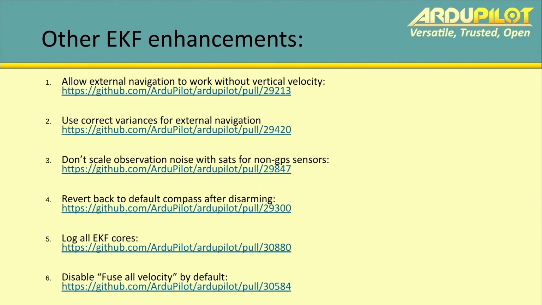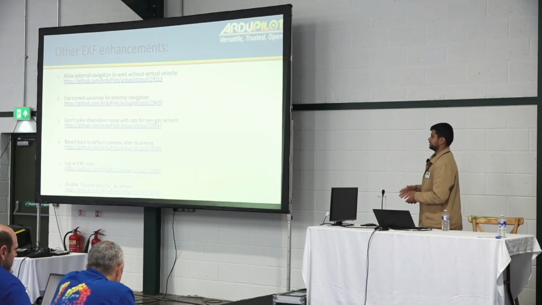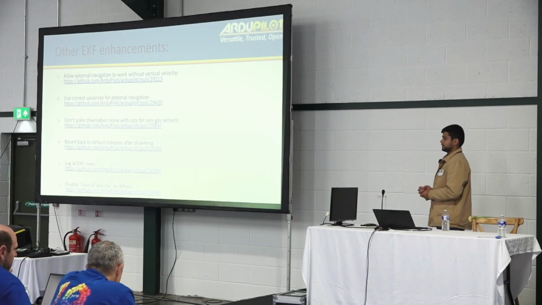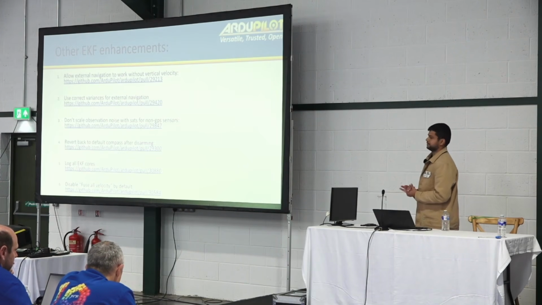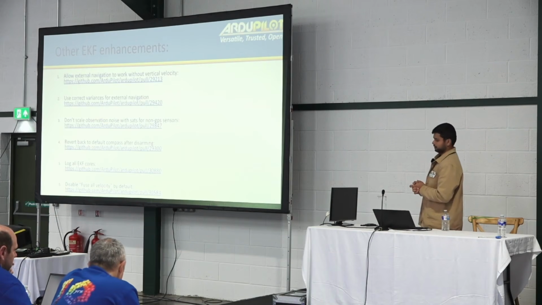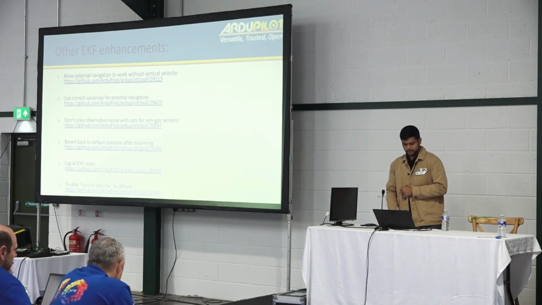This was causing problems because most users want either a GPS or an optical flow sensor to work, and they don't really want both of them to be fused in by default. So folks like myself and Randy and others had to constantly tell people to switch off this bit that was switched on by default. So we decided it's just safer that this is now off by default. And if you really want both of these velocity sources being fused in, you can switch it back on.